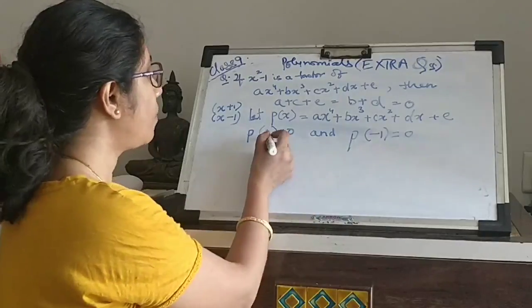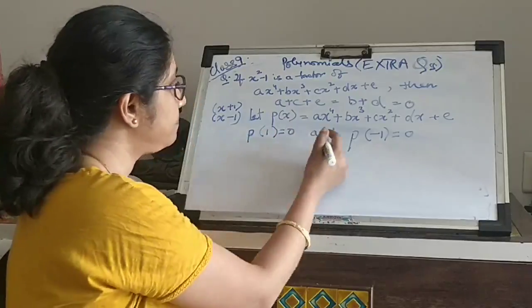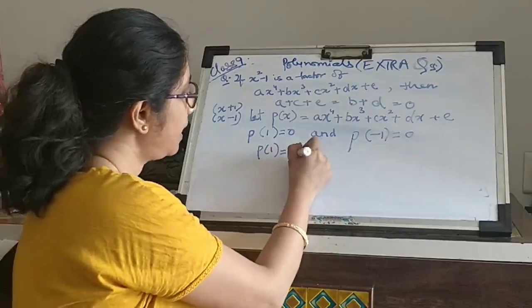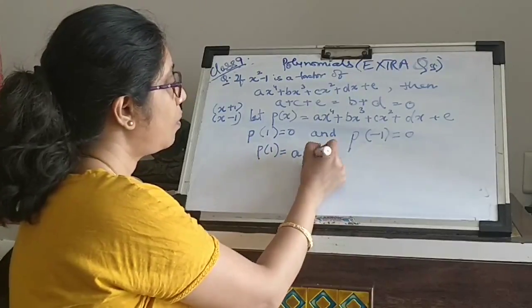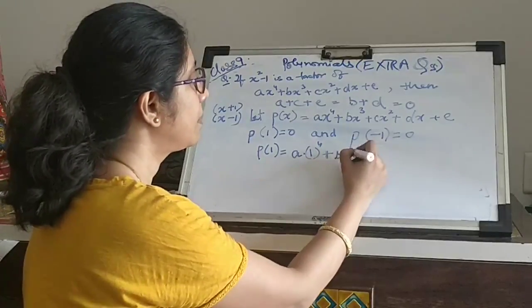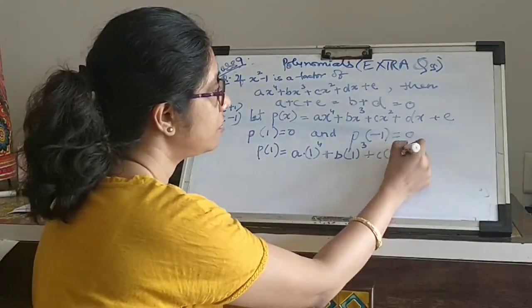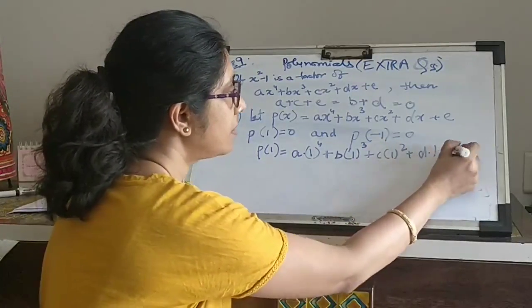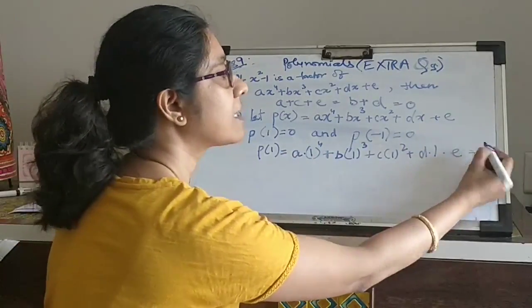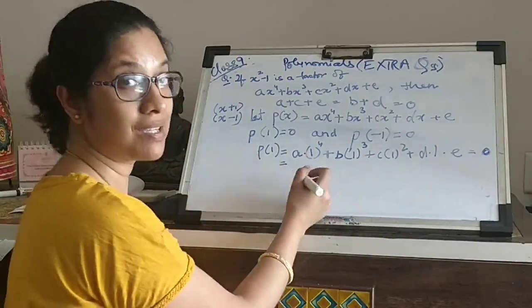So let's see. What is p1 is equal to 0? What does this lead to? p1 will be a times 1 raised to the power 4, b times 1 raised to the power 3, c times 1 raised to the power 2, d times 1 and e, which is equal to 0 because of factor theorem, as I'm sure you must have understood by now.